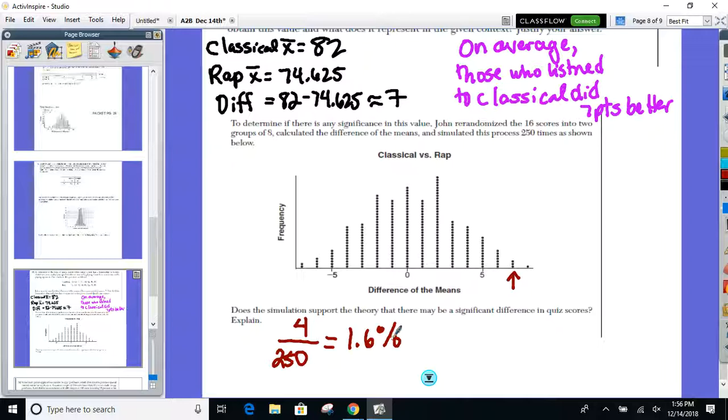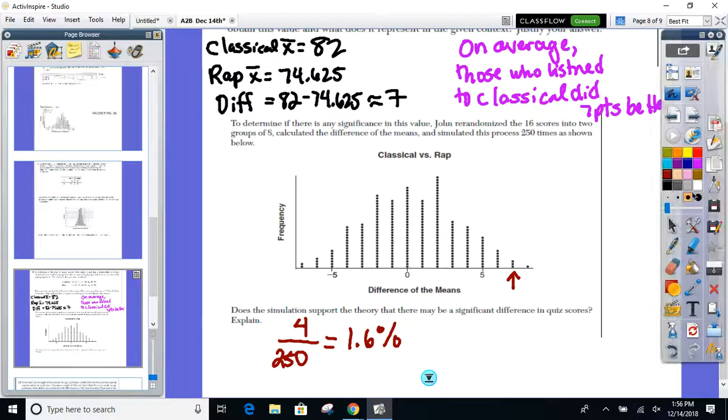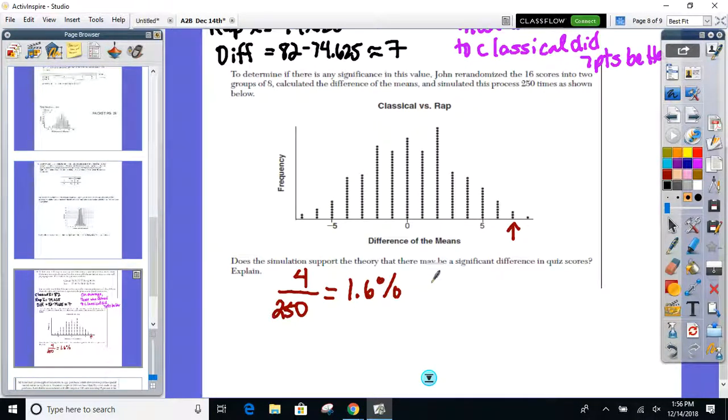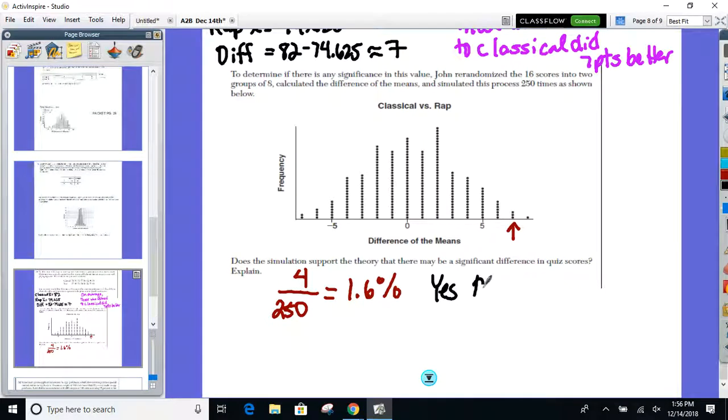Falls outside the 95%. So yes, there is significant difference. It's not by chance. And really the response is the same all the time. Yes, because it falls outside the 95% confidence interval. So yes, there is significant difference because it falls outside the confidence interval.